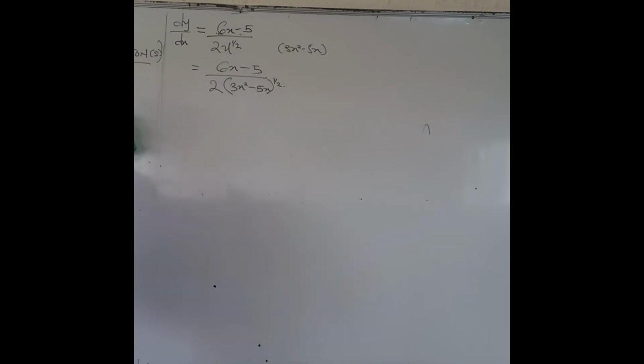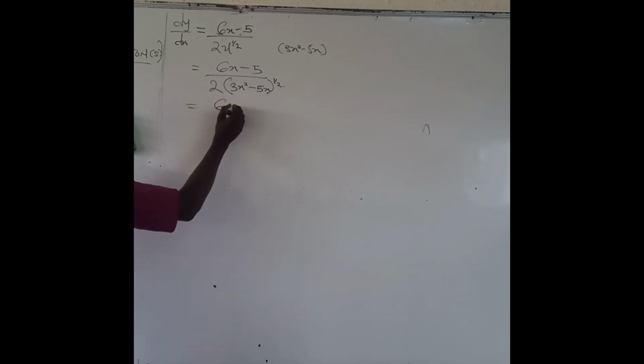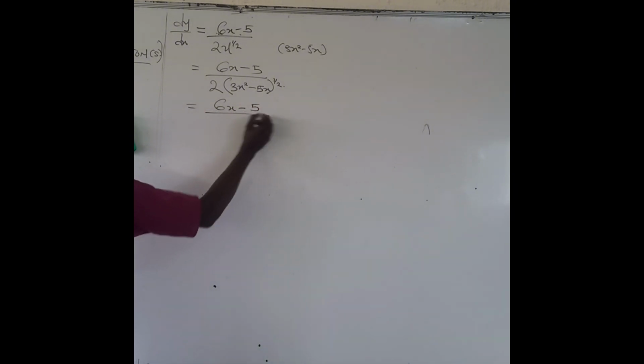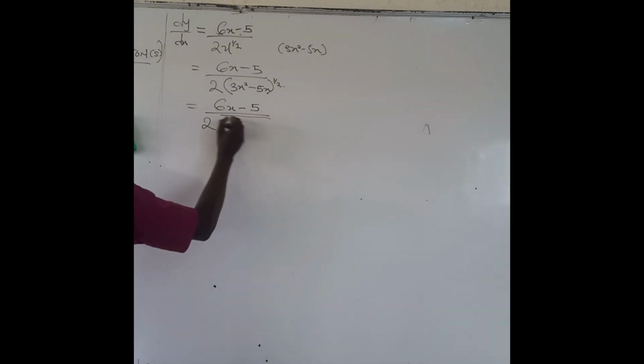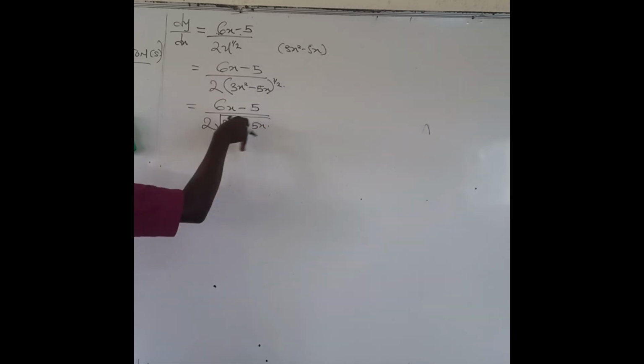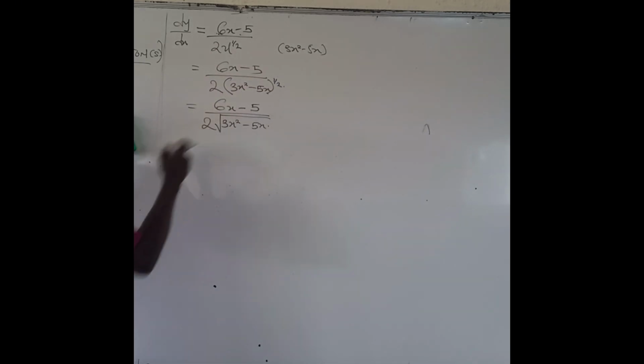It can easily be expressed as 6s minus 5 over 2 times the square root of 3s squared minus 5s. So you can leave it like this or like that. That is the final answer.